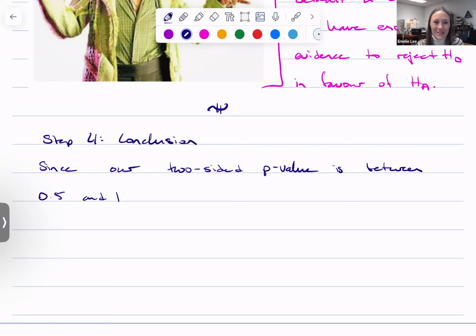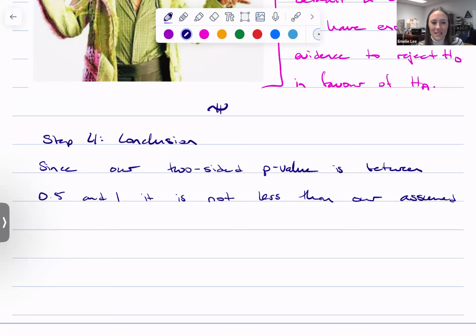It's weird when you give one answer and then use a different answer in your conclusion. But I have seen it. So since our two-sided p-value is between 0.5 and 1, it is not less than, and I don't think we were given an alpha level, so I like to highlight that I'm assuming it's 0.05.